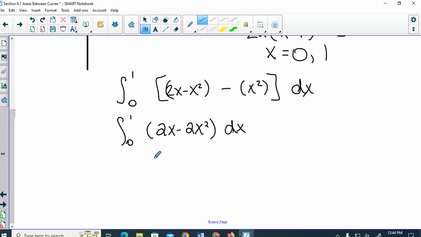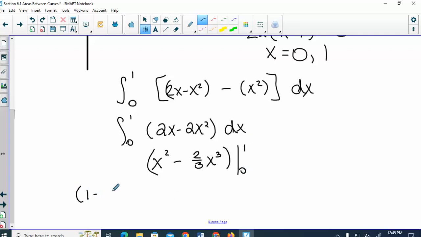Antiderivative of 2x, x squared, minus antiderivative of 2x squared, 2/3 x cubed, from 0 to 1.